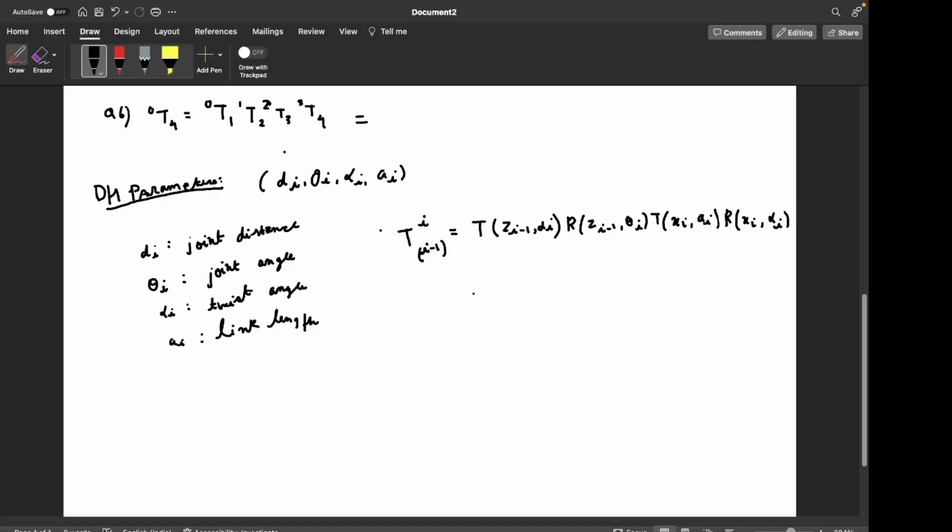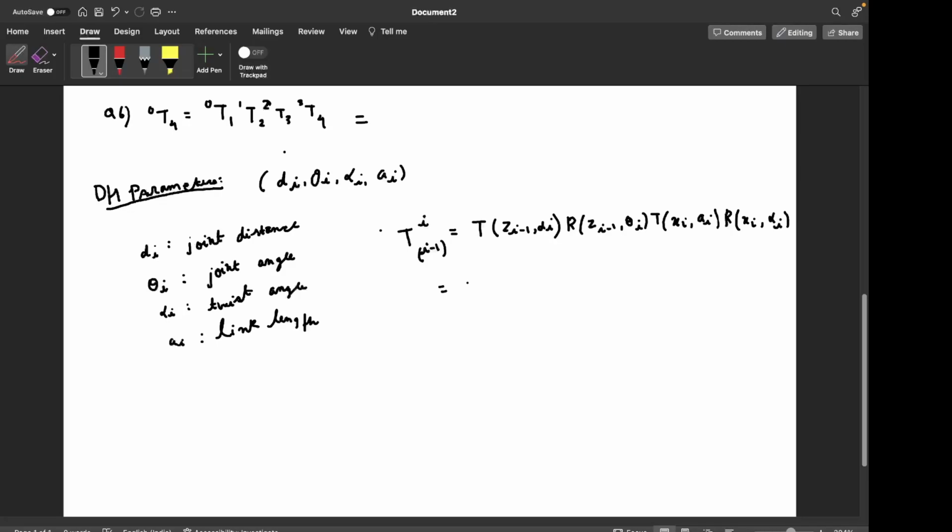So the sequence is basically starting like this. First we rotate about xi by an angle alpha I, then we translate along xi by a distance ai, then again we rotate about zi minus 1 by angle theta I, and then translate along zi minus 1 by distance di.